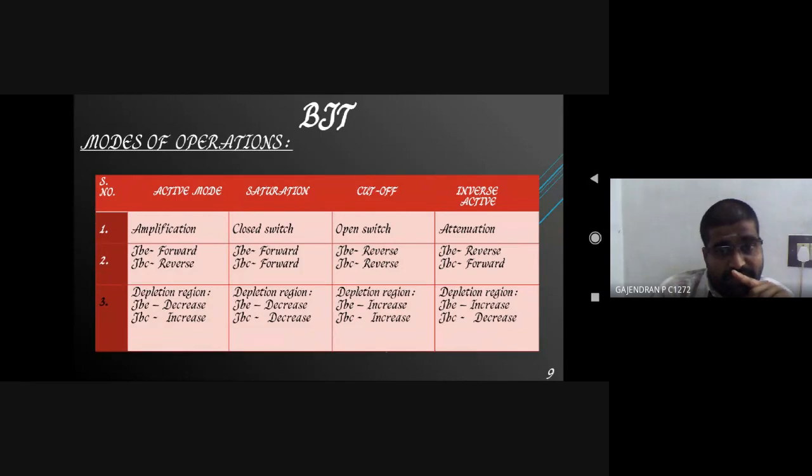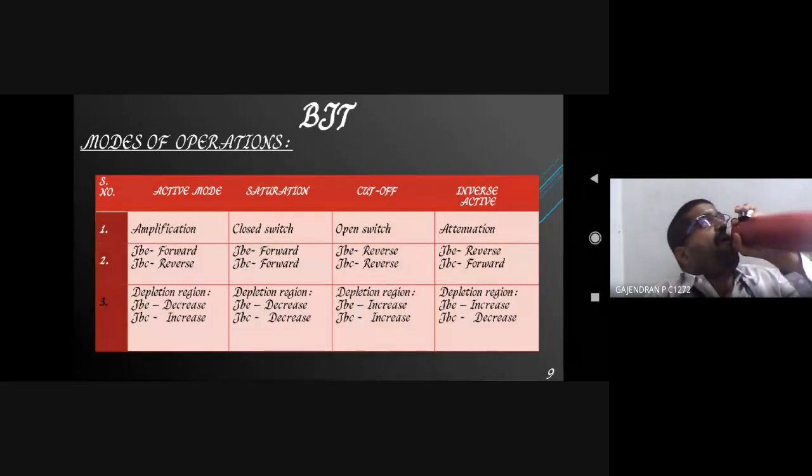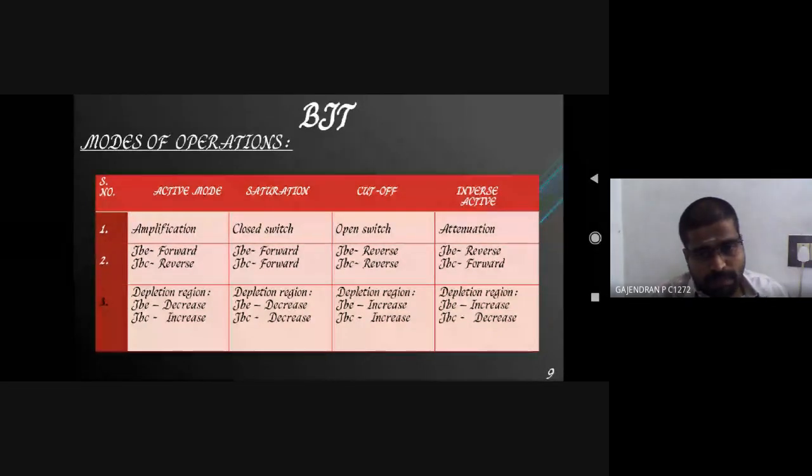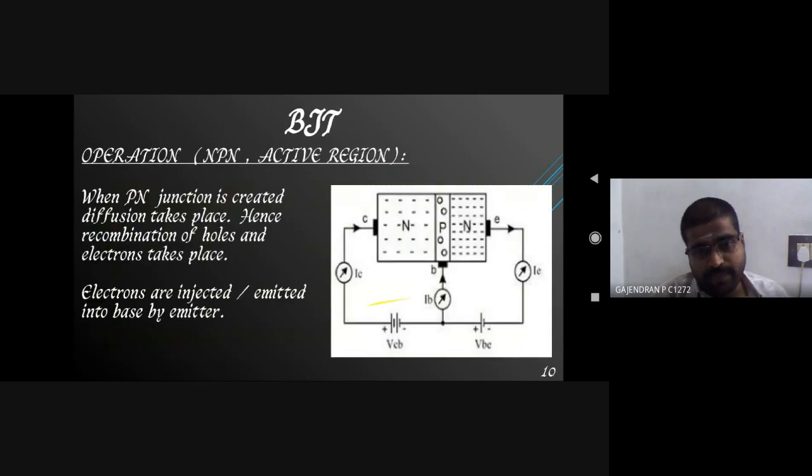In saturation mode, the base to emitter junction is forward biased and the base to collector junction is also forward biased, so the depletion region in both junctions decreases. In cutoff region, both are reverse biased, so the depletion region increases in both junctions. In inverse active, the base emitter is reverse biased and the base collector is forward biased, so the depletion region increases and decreases respectively.